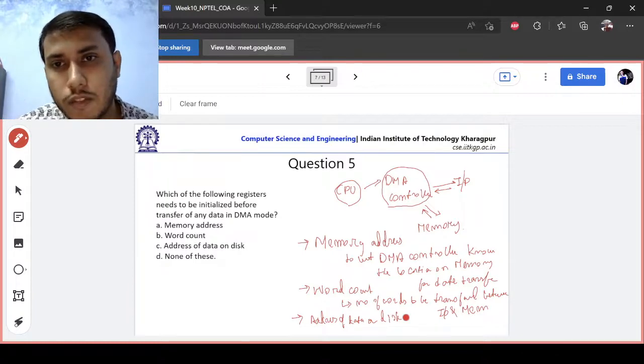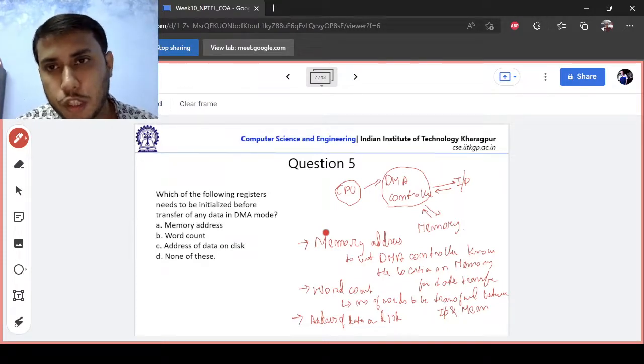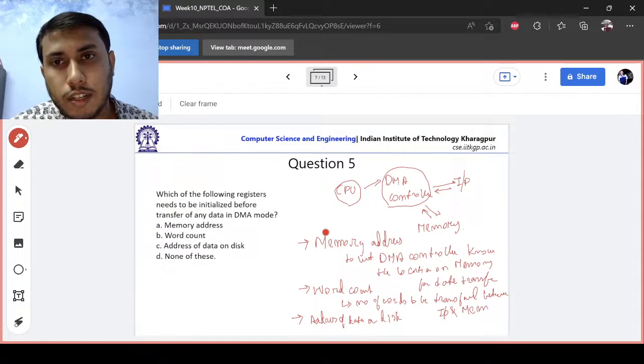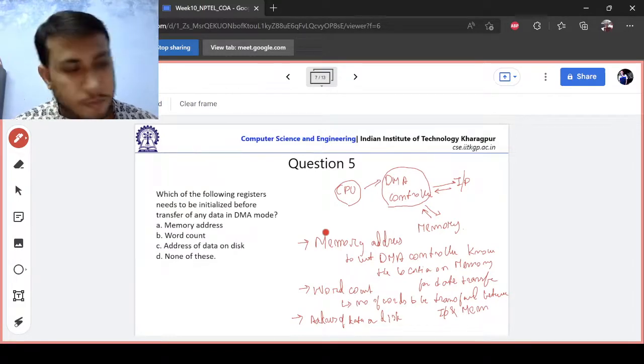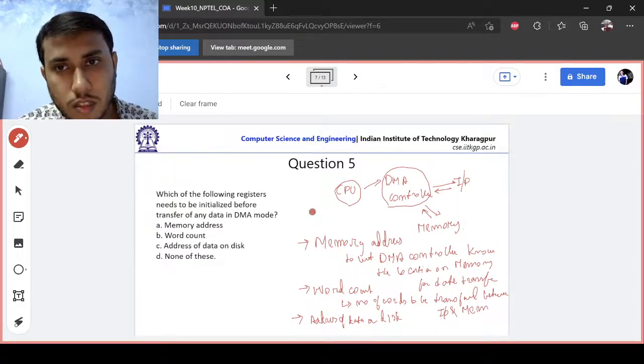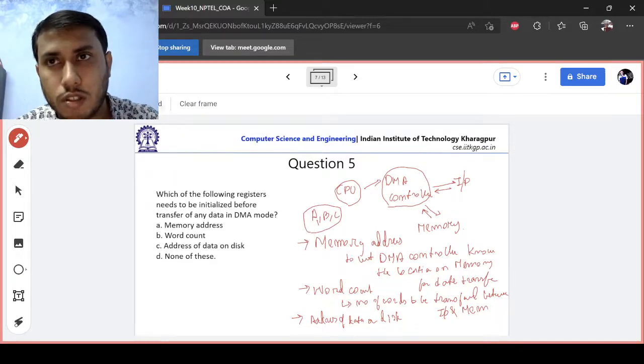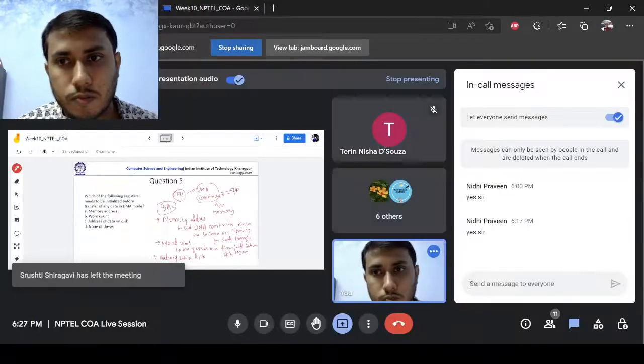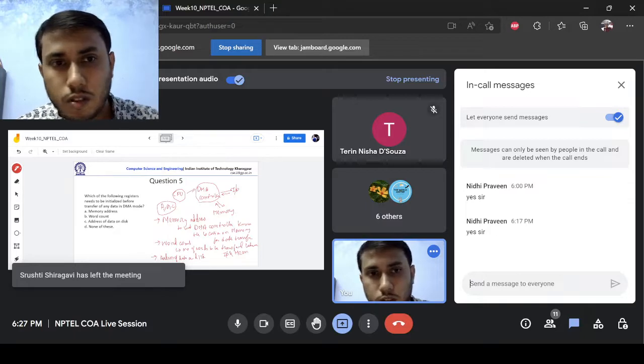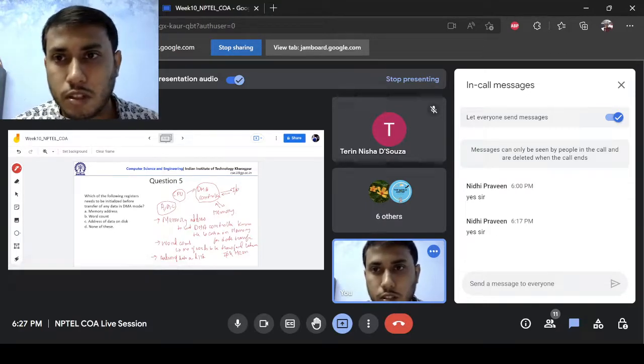So all three have to be initialized so that the data transfer can take place between the IO and the memory with the help of a DMA controller. That is the notion of this question, which address registers need to be initialized. So all of them need to be initialized. If you have any doubt regarding this, you can ask.